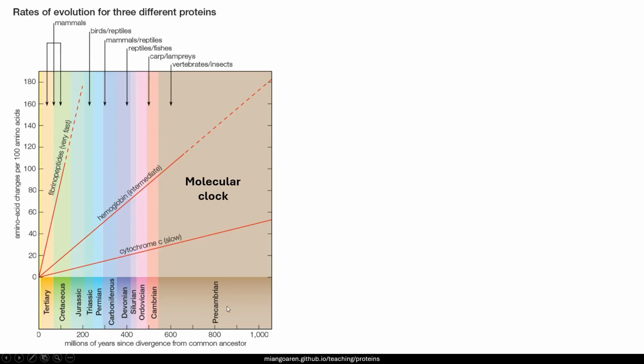So here we have, for example, some proteins found in some animals, particularly vertebrates and insects. You can see up to here some mammals like us. And we find here on the y-axis the rate of changes that exist per 100 amino acids present in proteins, and here the billions of years of divergence in evolutionary time.